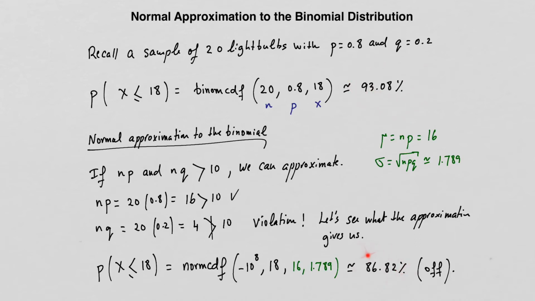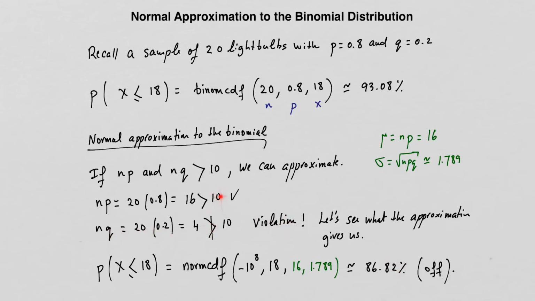And this normal distribution did not do a good job. A good job means I should get an answer close to this. It's not going to be exactly this, this is the correct one, okay? I'm supposed to get something close, but I didn't, as expected. Why? Because we violated one of the rules.